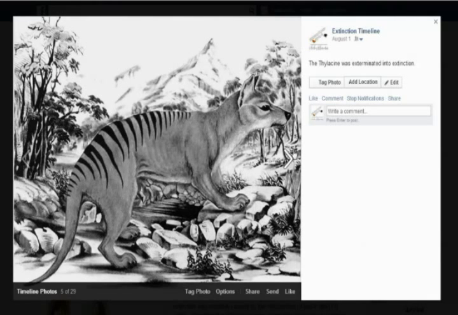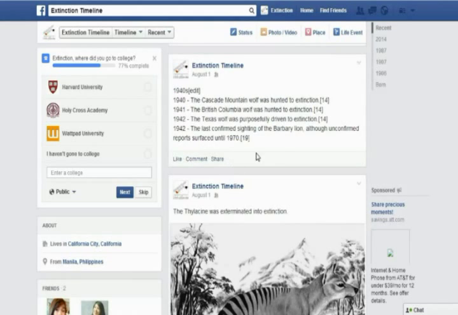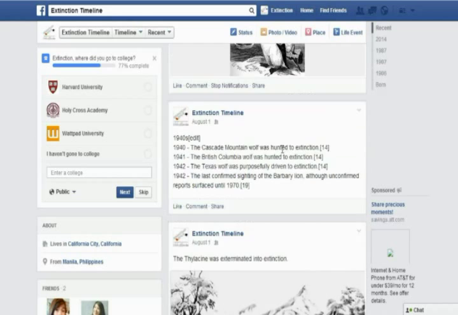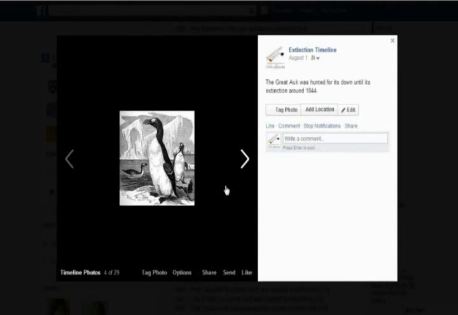The thylacine was exterminated into extinction. 1940s. The great auk was hunted for its down until its extinction around 1844.